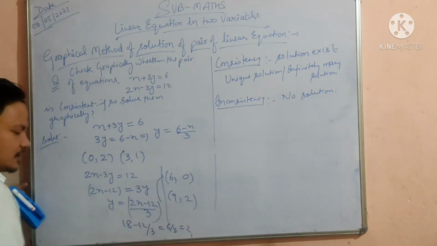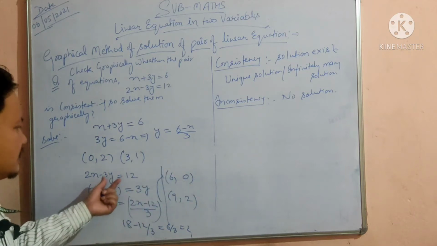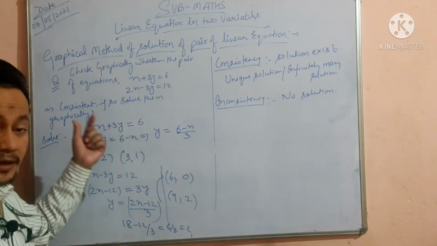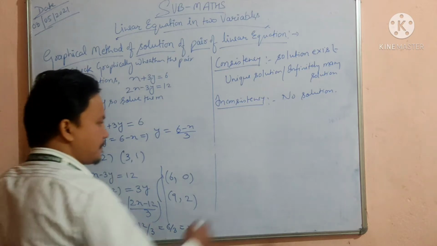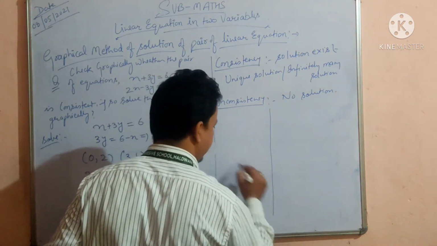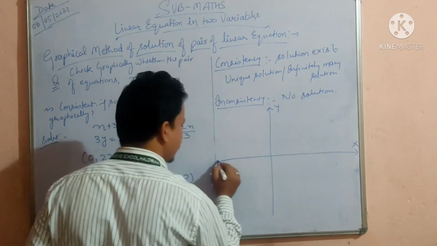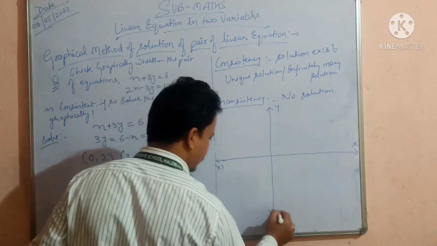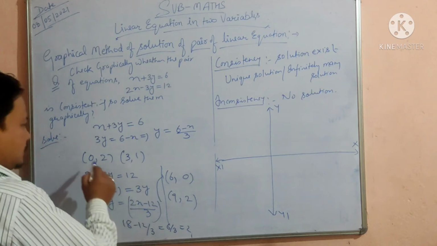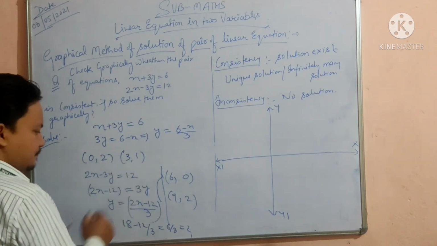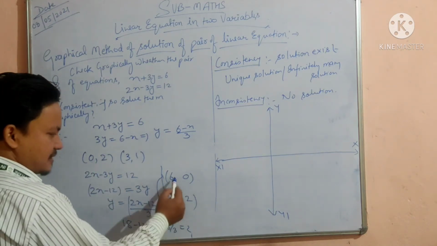Okay, so these are the two coordinates of this particular line and these are the two coordinates of this particular line. Now plot the graph. X-axis, Y-axis. Now see the first one, the highest value of X is 3 and in the second one the highest value of X is 9.